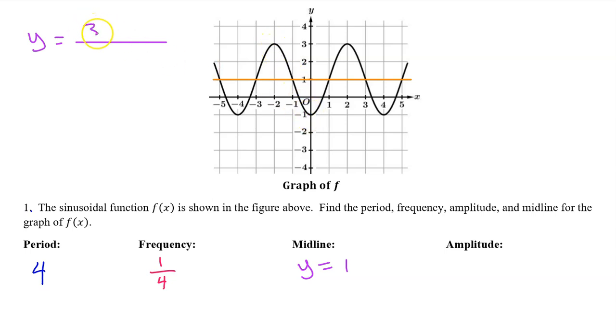So you could do 3 plus -1 divided by 2. But that's really 3 minus 1, which is 2 divided by 2, so y equals 1. The amplitude is the distance between the midline and the highest value, or it's the distance between the midline and the lowest value. Either way, the amplitude is always positive, and in this case, the amplitude is 2.